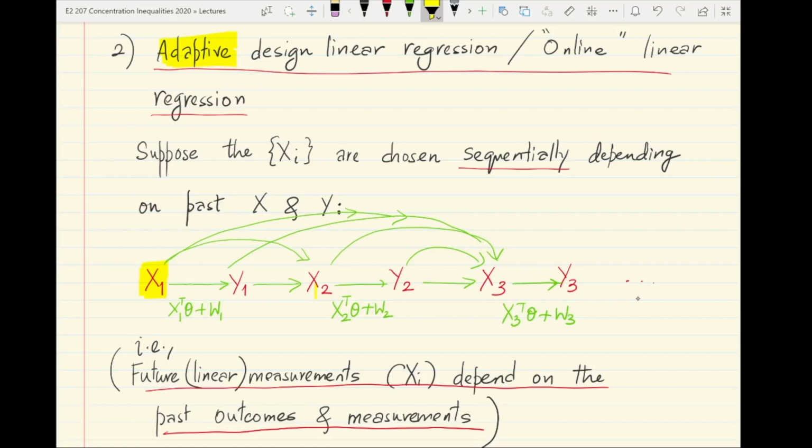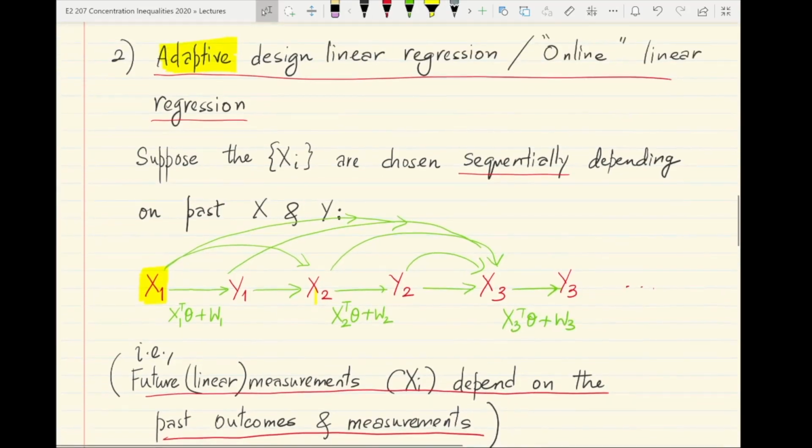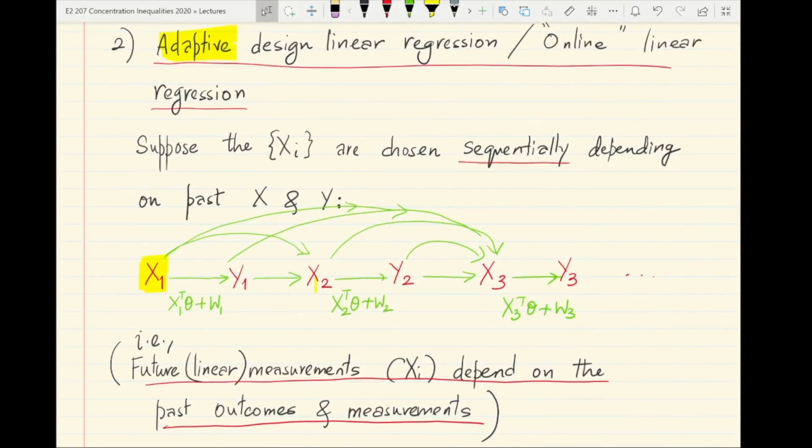Both the x's and the y's are random here in this sequential or causal manner. That's what is called adaptive design linear regression. It often arises in settings where the next measurement is designed or constructed carefully by looking at the history of past measurements, when there is the ability to adapt your next sensing decision based on whatever has happened in the past so far.